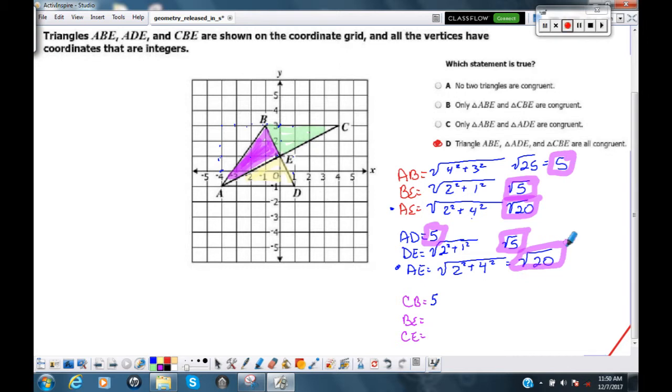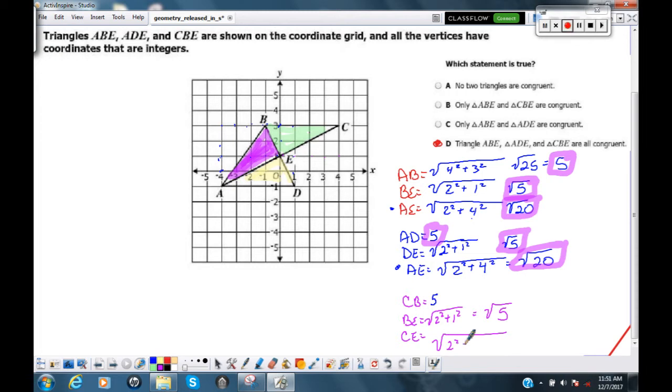So now I have those two proven by side, they're congruent. Now I need to go to B to E. So I did B to E here, so I can just redo it again, because it's going to be the same count, 1, 2 over 1, so square root of 2 squared plus 1 squared, and that's going to be square root of 5. And now I need to do C to E. 1, 2, 1, 2, 3, 4.